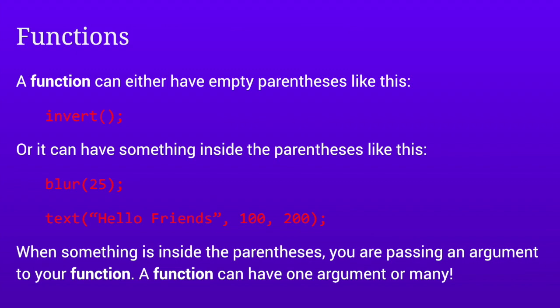You see how invert doesn't have anything inside of it, but blur and text do? When something is inside the parentheses, you're passing something called an argument into your function. Things like the text, which we call a string, things like a number with blur 25, which will change the amount your video is blurred. A function can have one argument or many, and that'll make more sense once we start coding together.